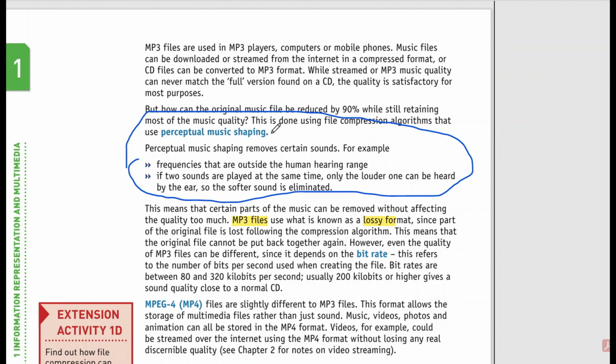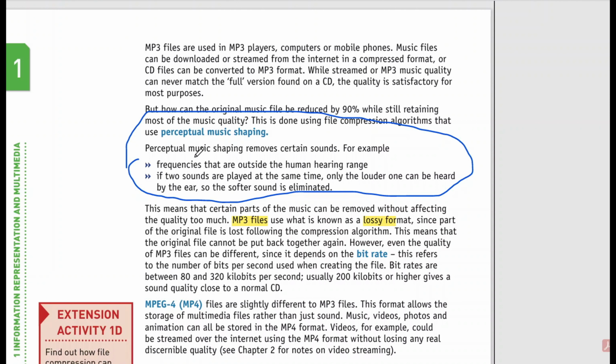What is perceptual music shaping? First you need to understand that the human ear is capable of hearing 20 hertz to 20,000 hertz. Only this sound. Any sound below or above this range is not audible. You cannot understand what is being said, right? So in perceptual music shaping, any sound outside the range of this frequency, we just ignore.